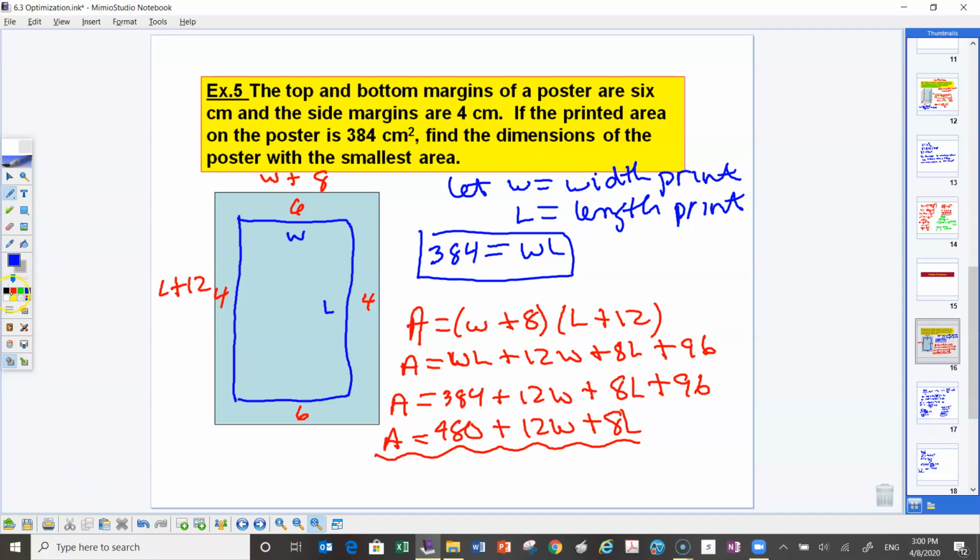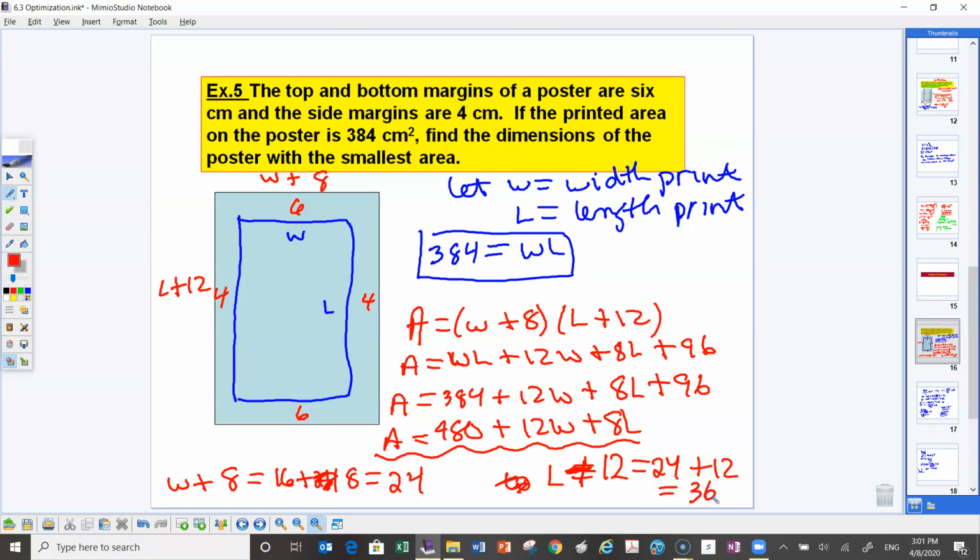So to finish this off, the width of the entire poster is going to be W plus 8. So 16 plus 8 is going to be 24. To find the length of the entire poster, it's going to be L plus 12, which is 24 plus 12, which is going to be 36.